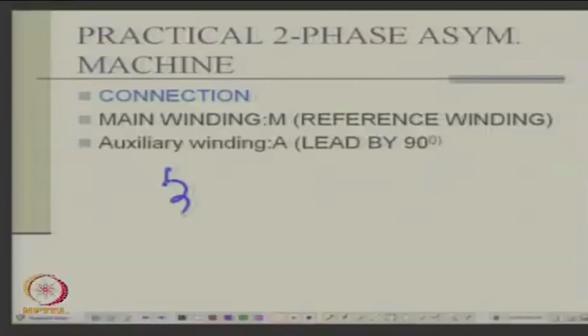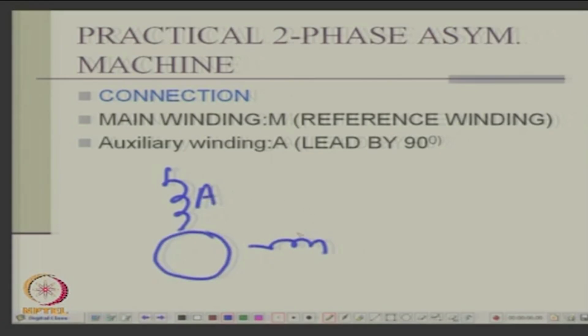Now, we have already done this earlier in some other method. You have a two phase machine, we call it auxiliary winding and main winding, is it not? We have analyzed this earlier.